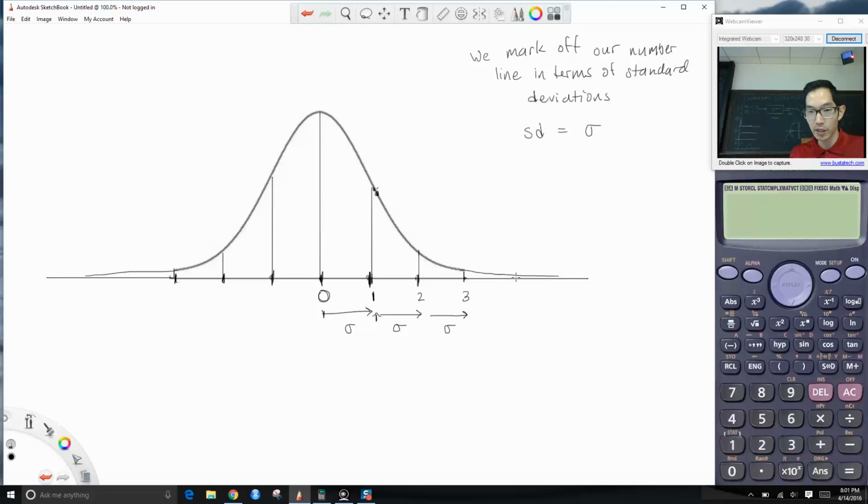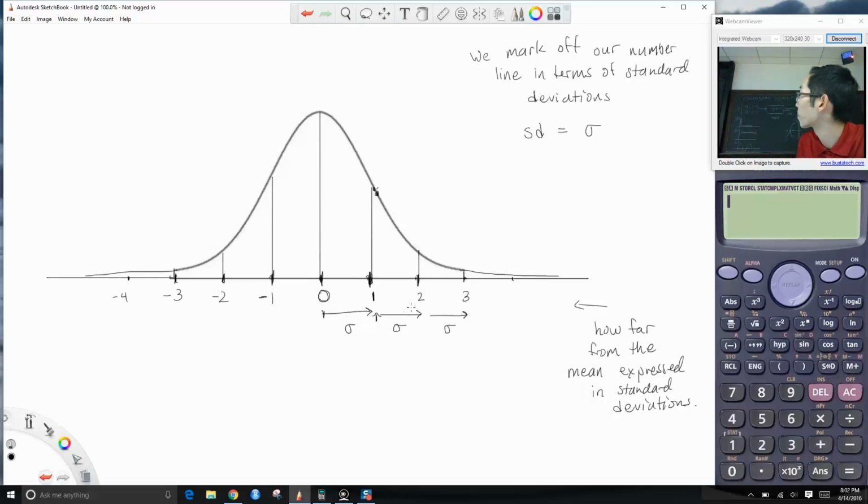Over the other way, we're 1 standard deviation below, 2 standard deviations below, 3 standard deviations below, etc. Is everybody okay with this diagramming?